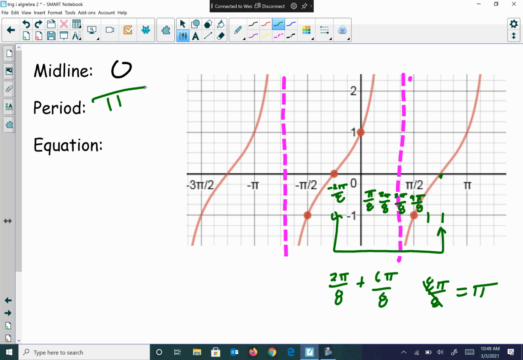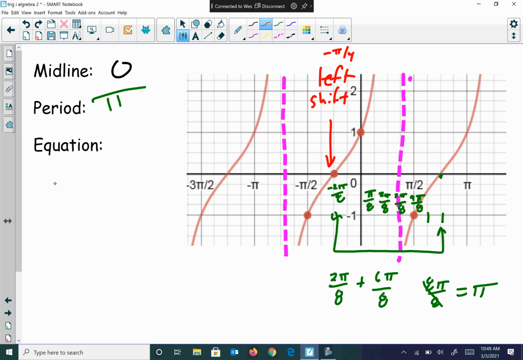So it's going to happen twice as often, so I'll have a 2 after my x. The direction goes correctly, but it did shift left at negative 2 pi over 8, so negative pi fourths.